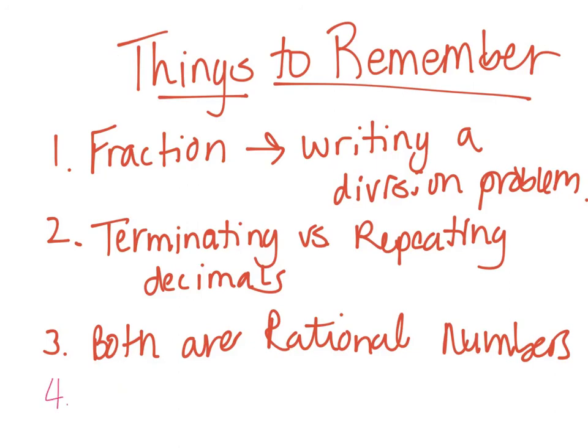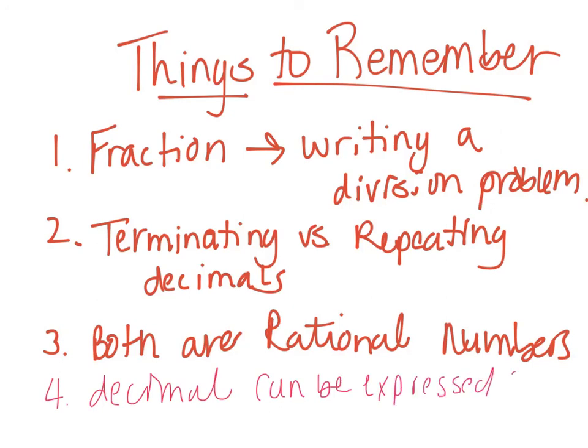And the last one that we're going to add is that every terminating decimal can be expressed as a fraction, with a denominator of 10, 100, 1,000, and so on.